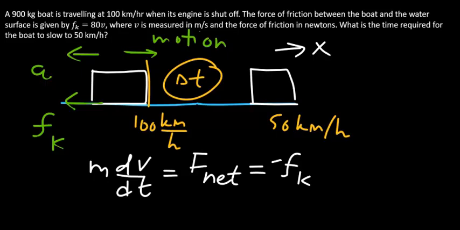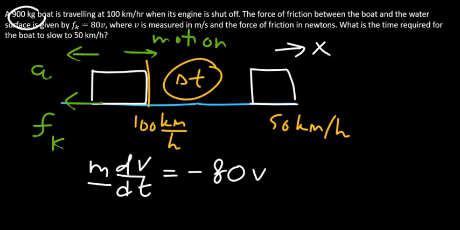And the direction is to the left-hand side, hence the negative sign. And we know the expression for Fk, it is 80 times the speed, the same speed that occurs here. So Newton's second law becomes m dv/dt equals minus 80v. The m that appears here is 900 kg, so you can write 900 there.